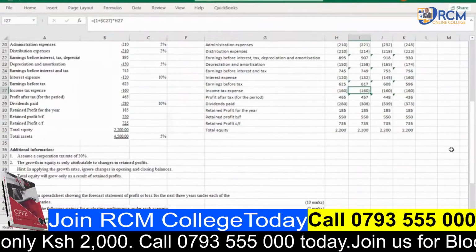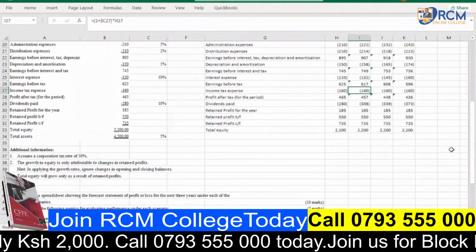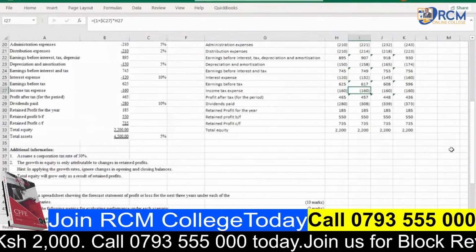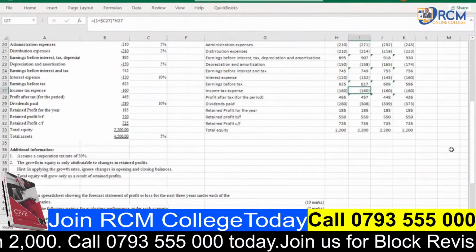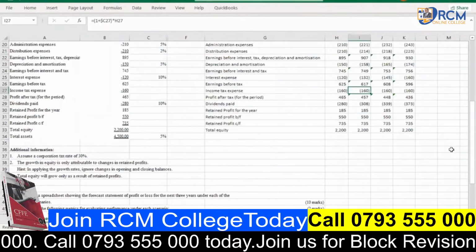Why are we adding back profit for the year? Okay, it is 30% of 617. Earnings before tax, add depreciation, then tax.